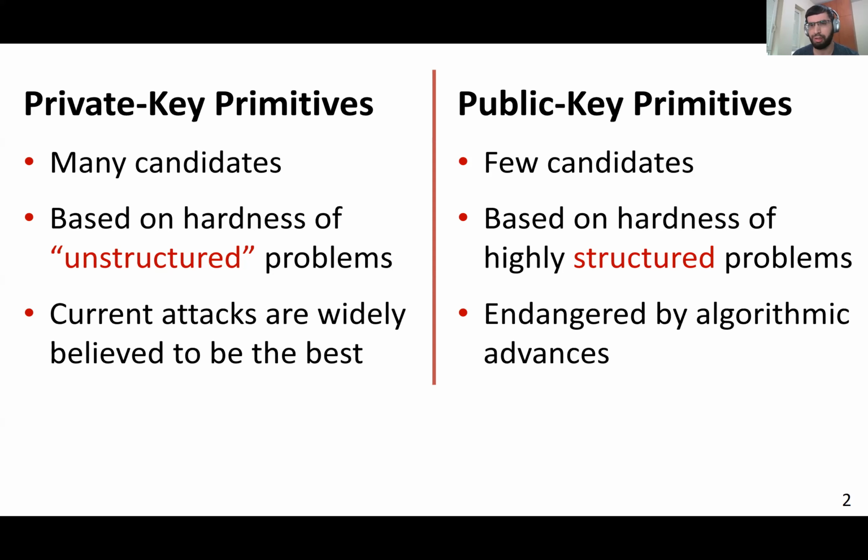However, with public key primitives, we have only a few candidates. Their security is based on the hardness of problems with a strong structure, and we have much less confidence that our attacks are the best, and they are endangered by algorithmic advances, either with a classical or quantum computer.